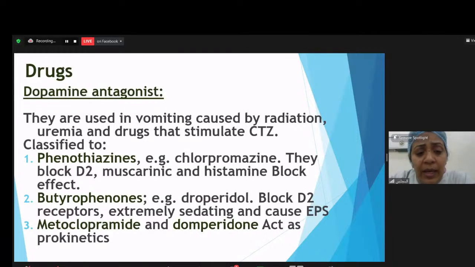It causes an increase in gastric outlet flow, meaning it aids the flow of gastric content downwards, not upwards. This is one of the very nice effects of metoclopramide.